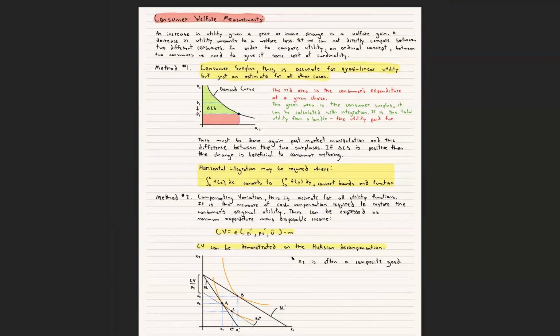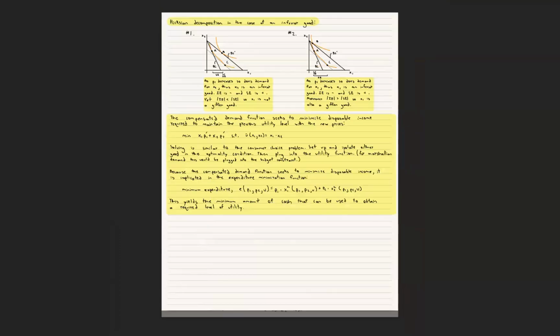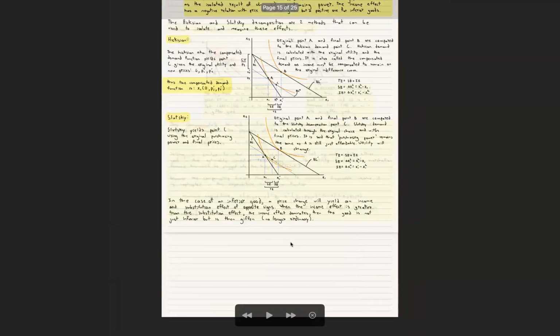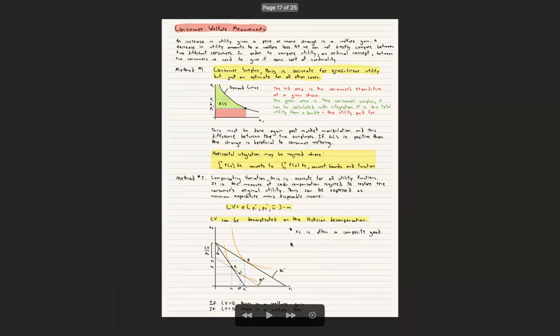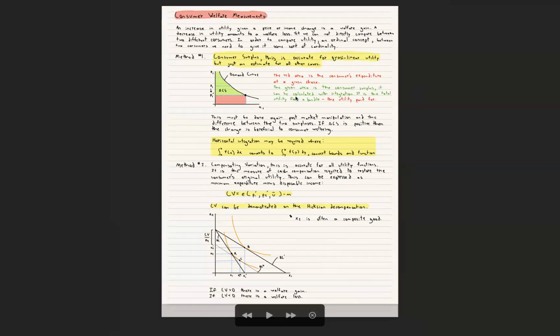That's the connection right there between consumer welfare measurements and what we saw above in terms of Hicksian and Slutsky. You can use Hicksian decomposition to evaluate your compensating variation and compare your consumer welfare measurements between all utility functions, rather than, as we saw in example 1, just the quasi-linear utility function.